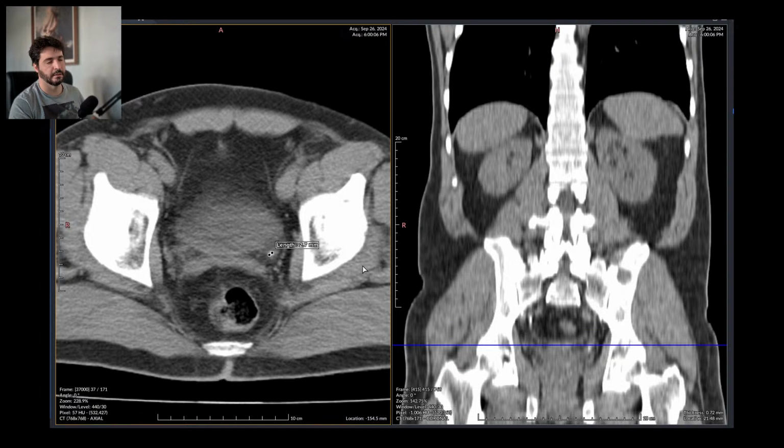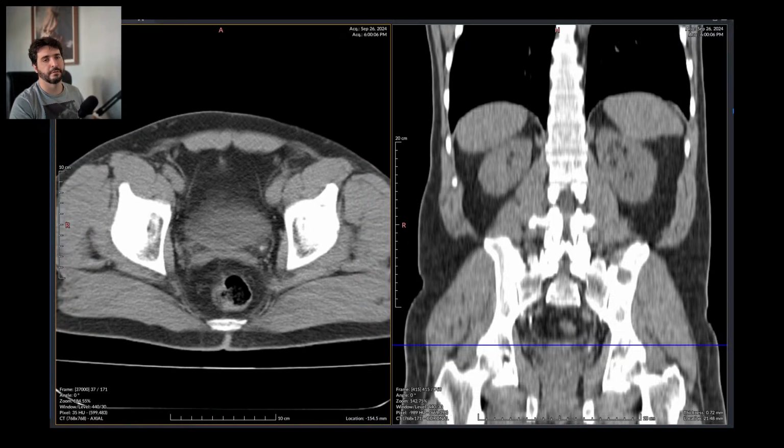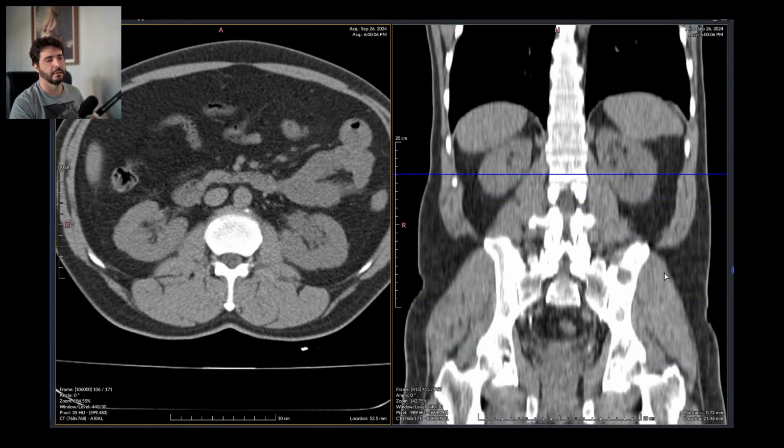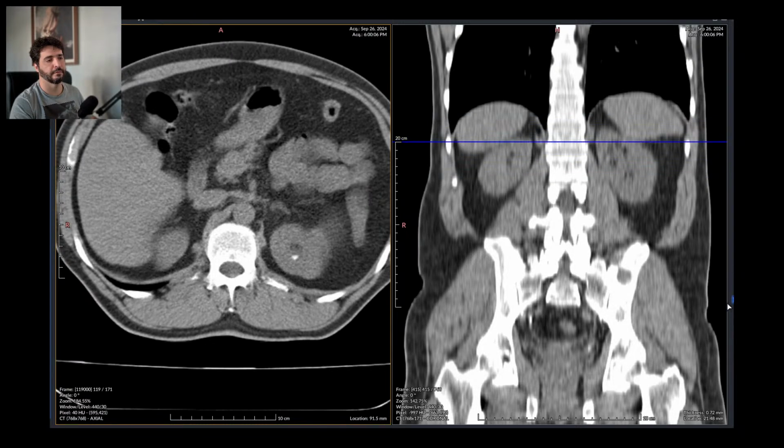It's a 0.2, 0.3 stone right there. And if we scroll back up, there is mild dilatation, mild hydronephrosis, and yet another stone right there, which is 6 millimeters, 0.6 centimeters.